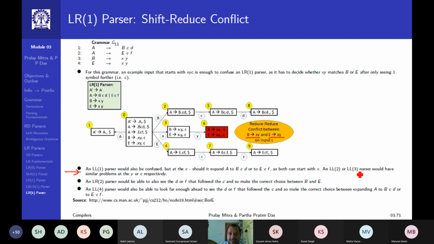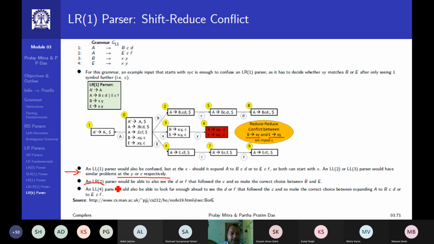And LL2, LL3, which means when you keep on increasing the lookahead information, it may resolve, or would have similar problems, but sometimes it may not resolve.